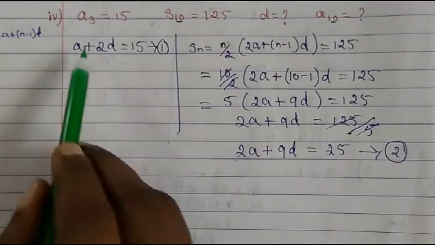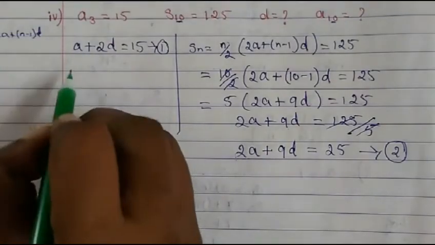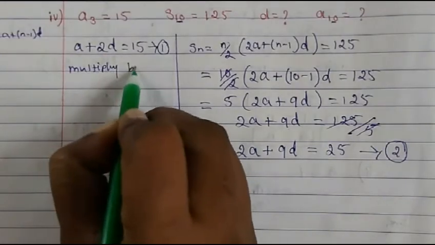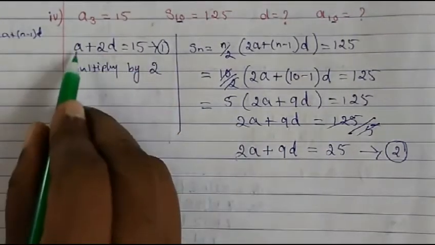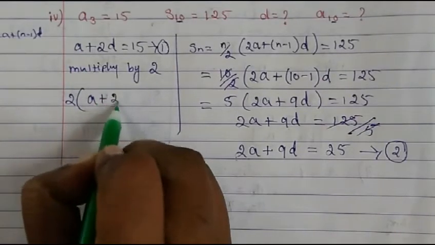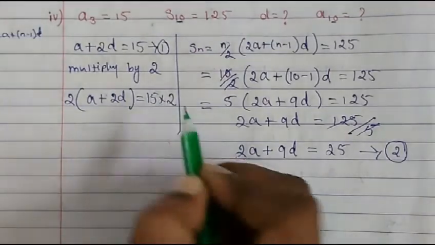So for that what we will do is multiply this equation by 2, because we have 2a here. When you multiply by 2, all the equation you have to multiply with 2. So 15, here also by 2.